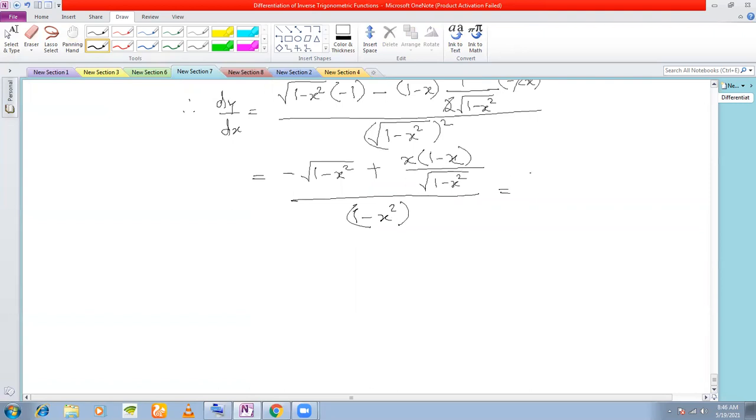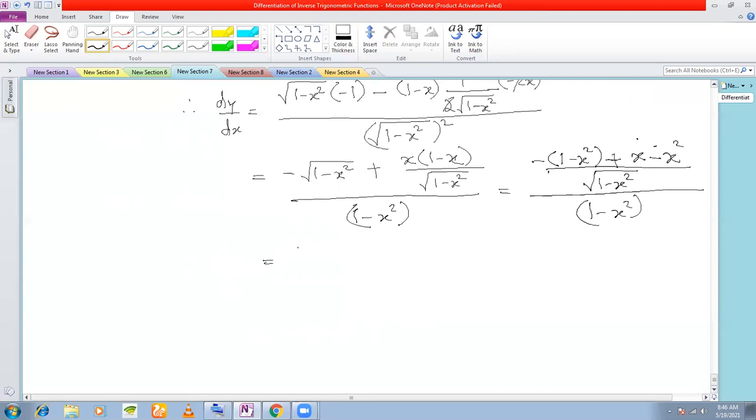So now if you take the LCM in the numerator, what are you going to get? You're going to get 1 minus x squared, minus, sorry, this is plus x minus x squared, divided by root 1 minus x squared whole divided by 1 minus x squared.